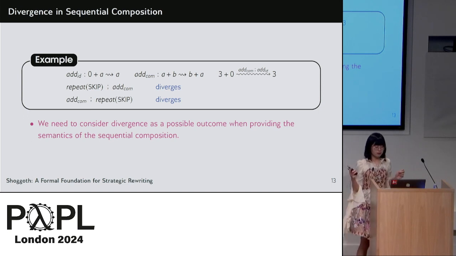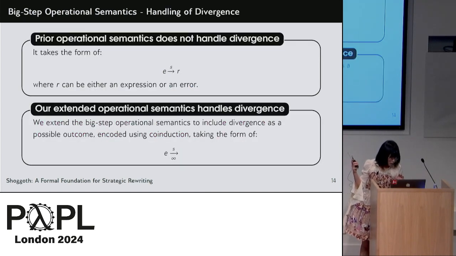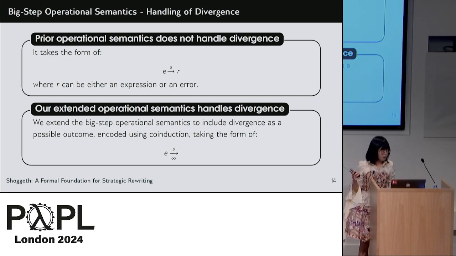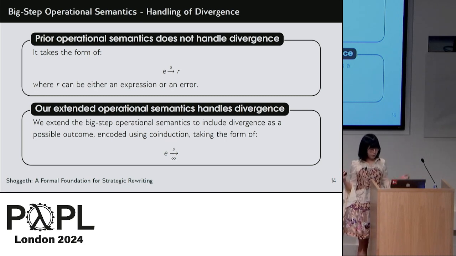Divergence is important. Consider sequential composition. If the first strategy diverges, or the second strategy diverges, the whole sequential composition will diverge. In the previous operational semantics, they didn't consider divergence. We extended it by co-induction to express divergence.